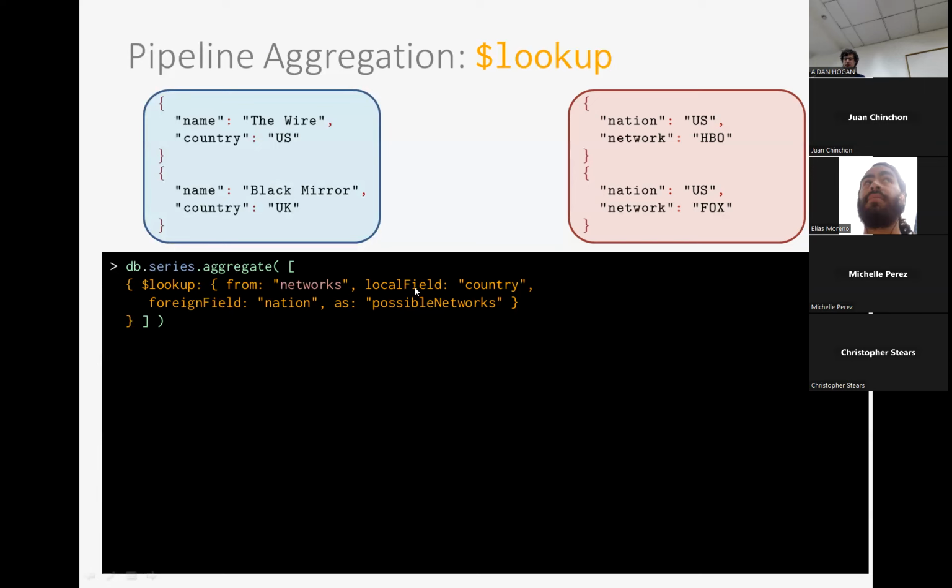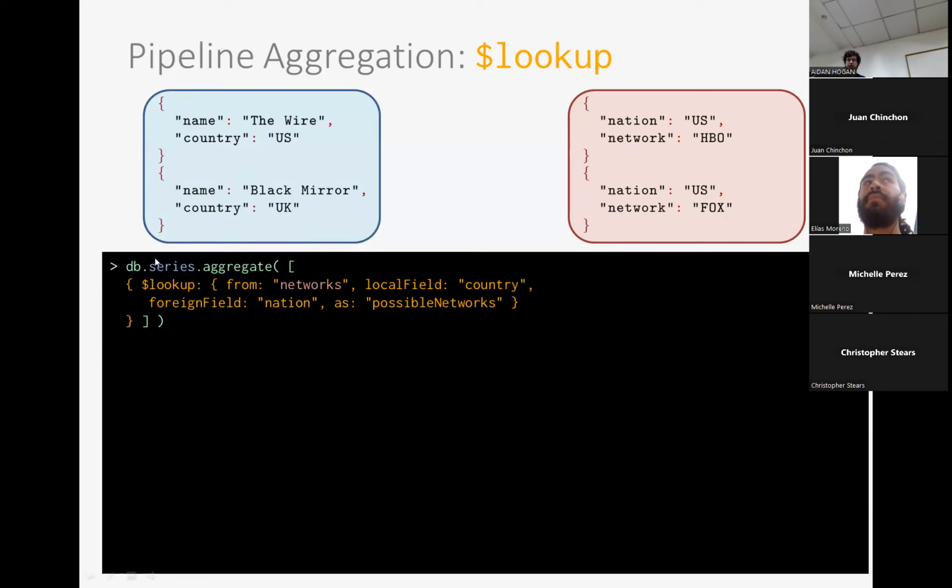The local field will be country, and the foreign field will be nation. So we want to join country here with nation here, and we want to store the results as possible networks. So we need to name the new field that will result from this enriching of data from the join.